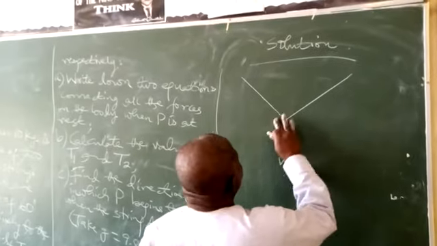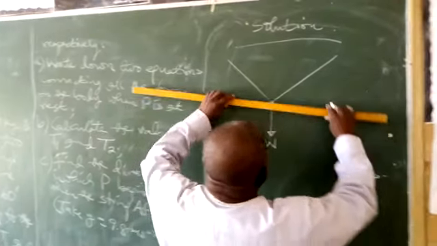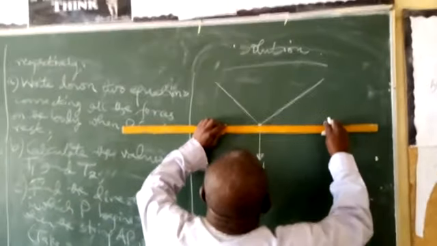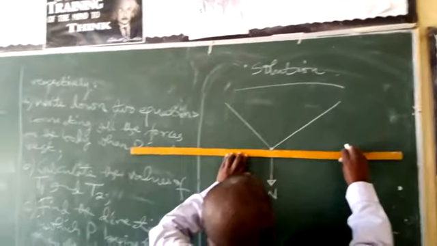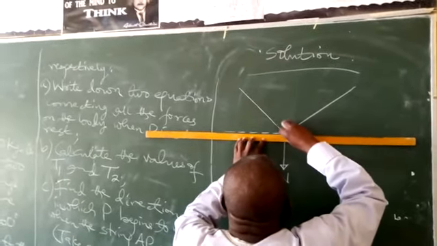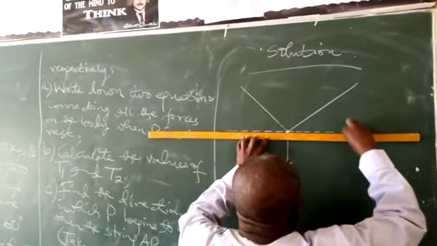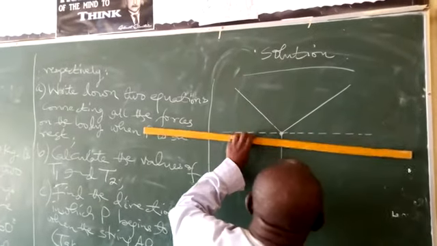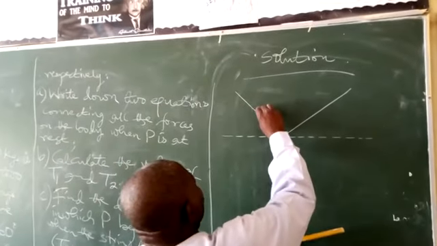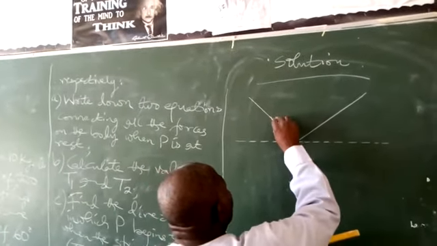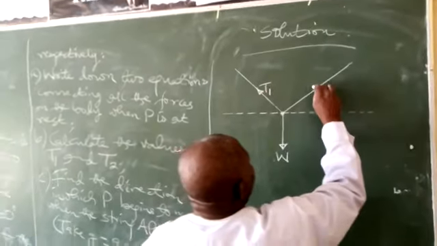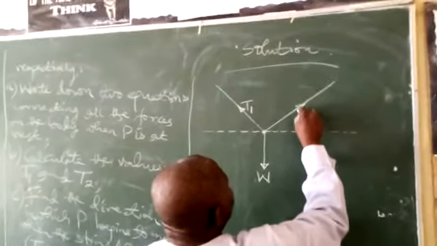Now, the downward vertical. This is the horizontal. Now we are told that the tensions are created in these strings: tension T1 and tension T2.